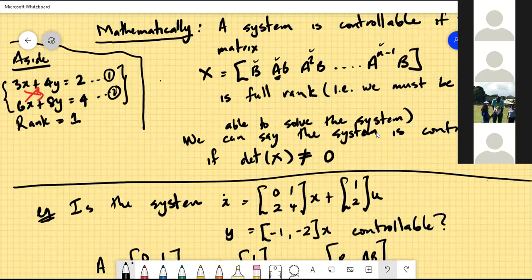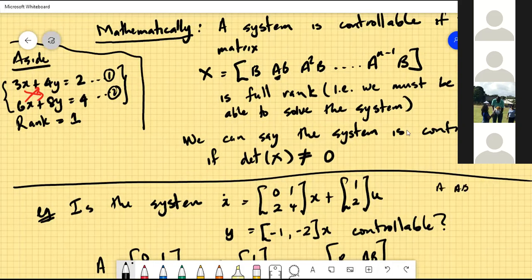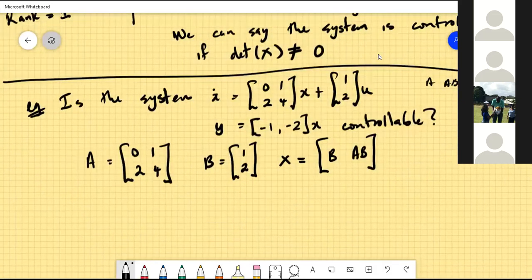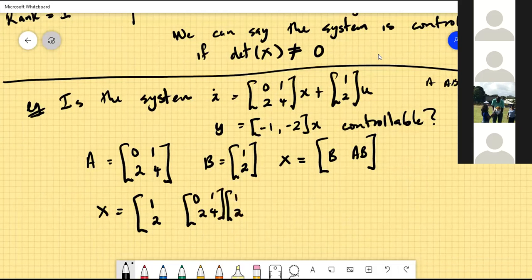So our X is equal to B and then AB. So that is going to be, like I said, I'm doing it by hand, 1, 2, and then 0, 1, 2, 4 times 1, 2.